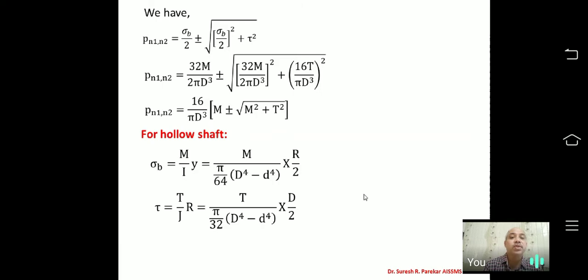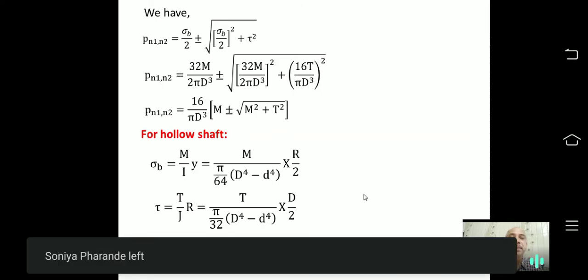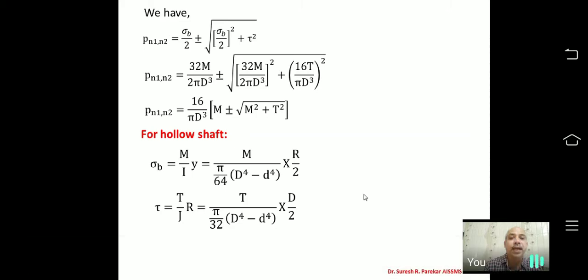We cannot use the above formula, which is Pn1, n2 equals 16 upon pi d cube in bracket M plus minus root of M square plus T square. We cannot use it. So we have to calculate sigma b, then tau, and then Pn1, n2.